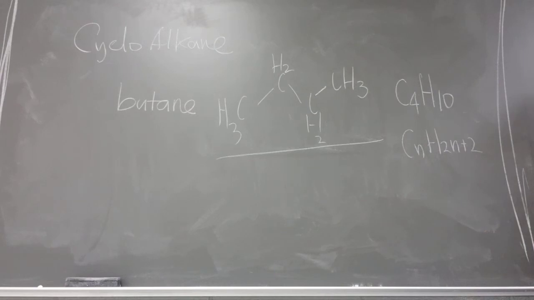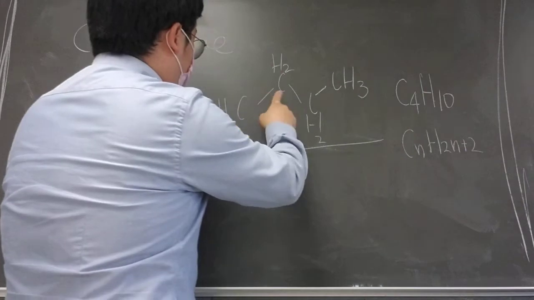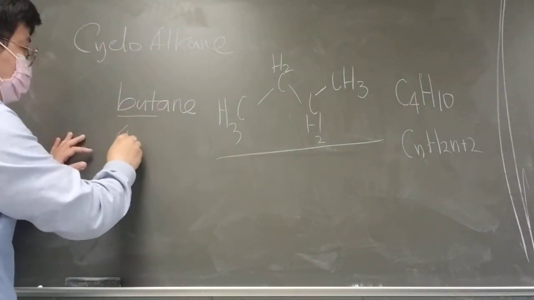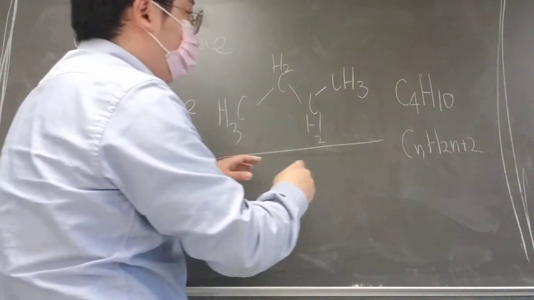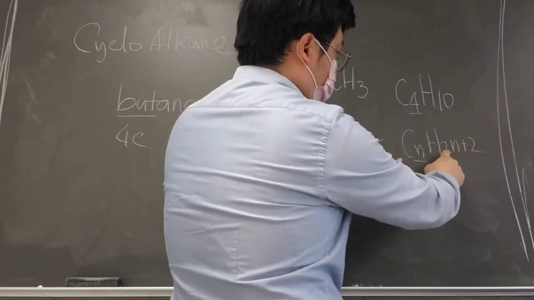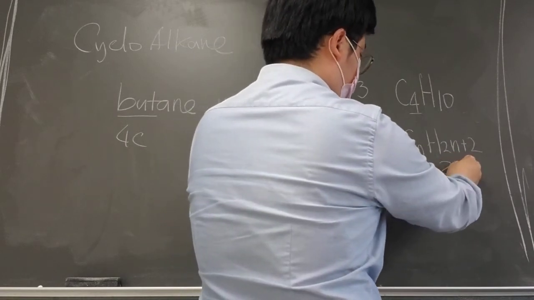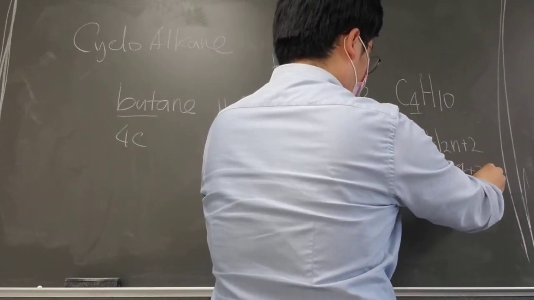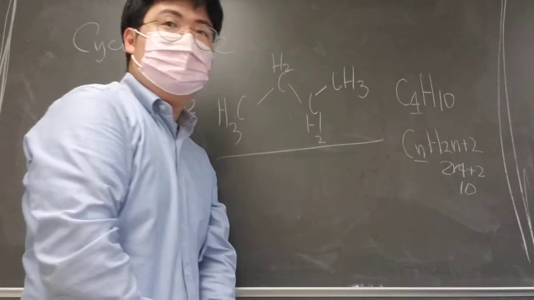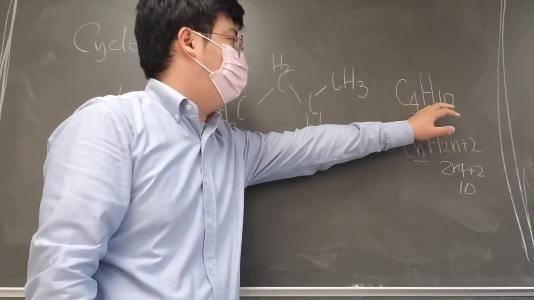Butane, 4, means there are 4 carbons here. The number of hydrogens is 2n+2, so it'll be 2 times 4 plus 2, which is 10. So that's how we know it's C4H10.